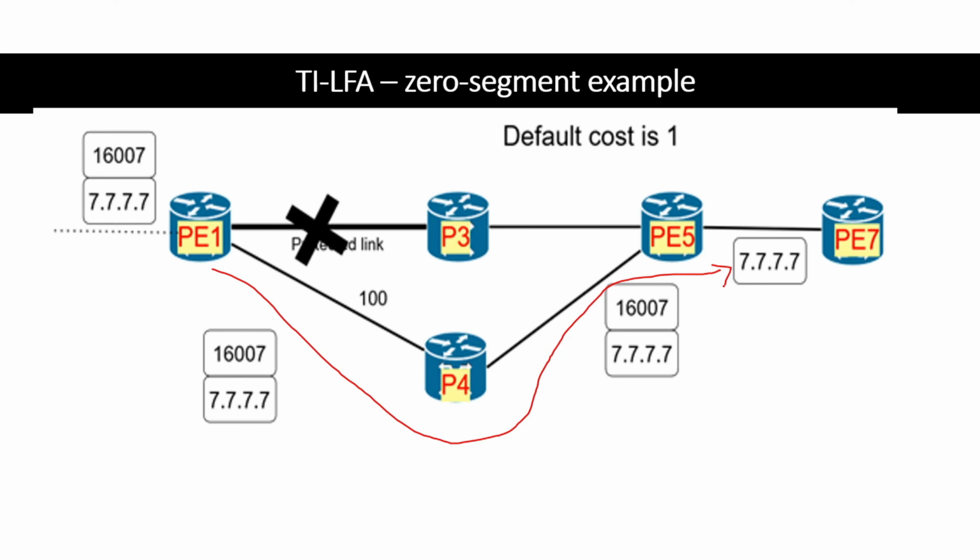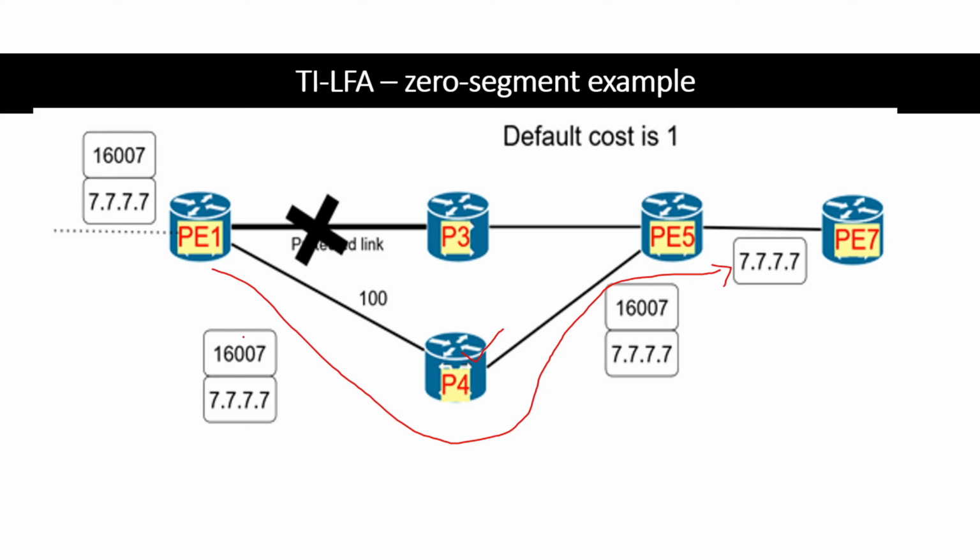Because generally to push the label for the Q space, we use the adjacency-sid. So in this case, P4 becomes the Q space. So PE1 needs to push the adjacency-sid, but it is directly connected, so it knows the adjacency-sid and it is not going to push as it is directly connected.